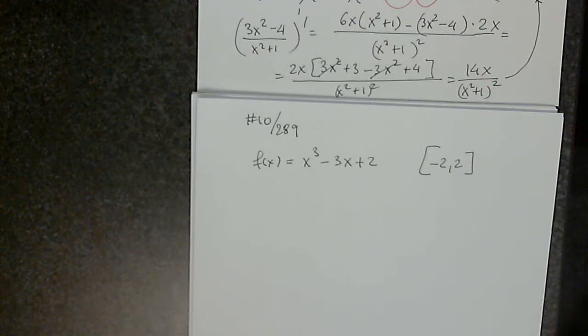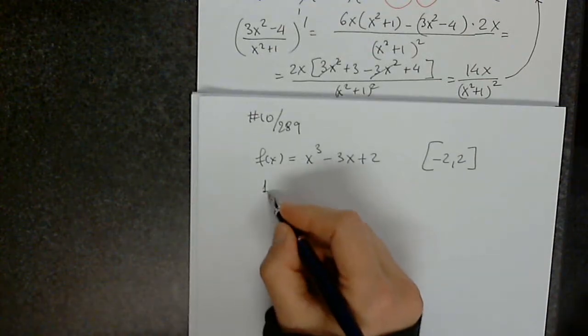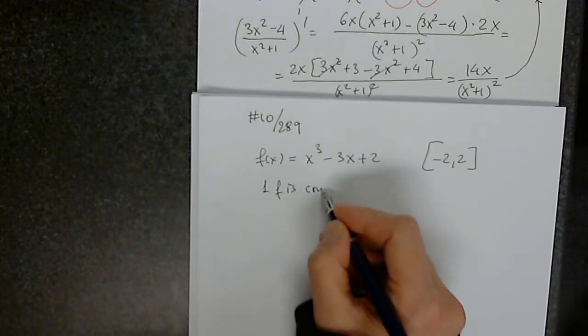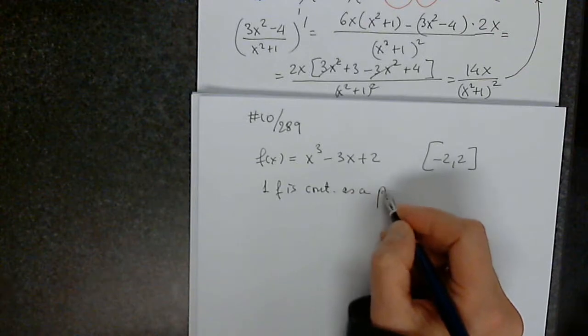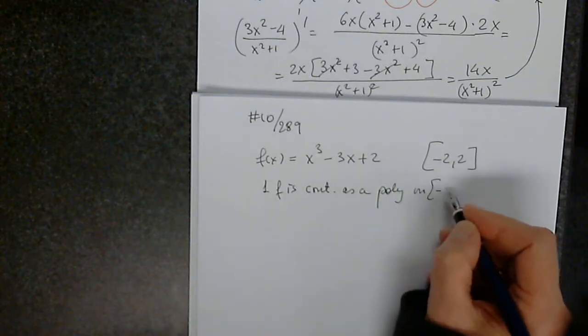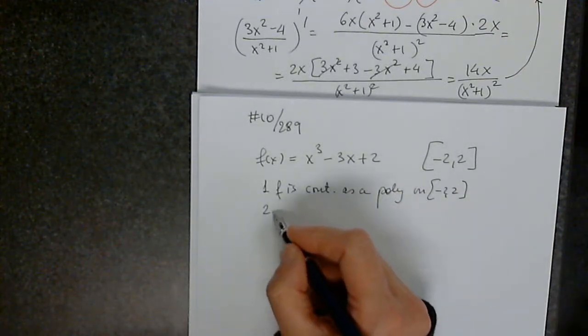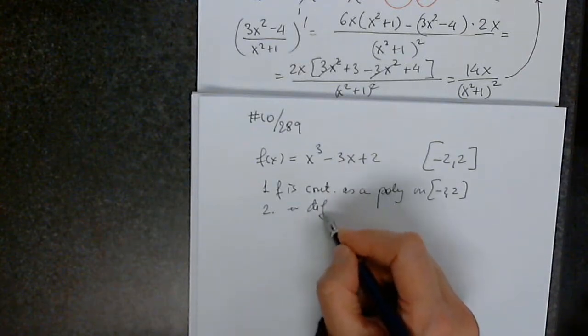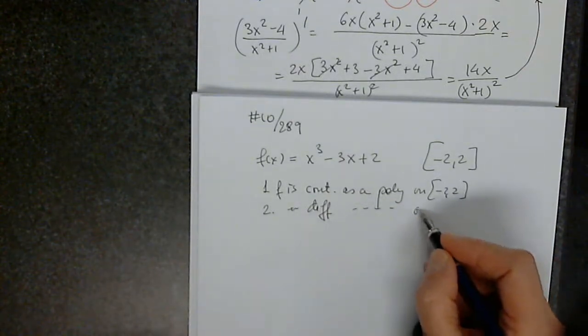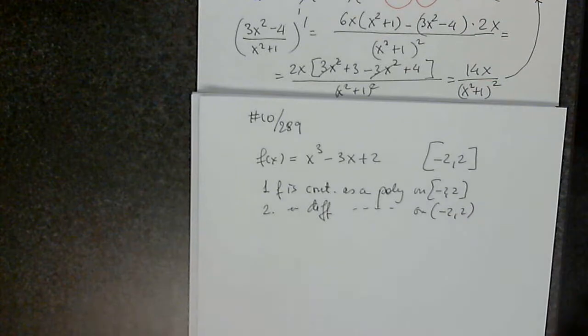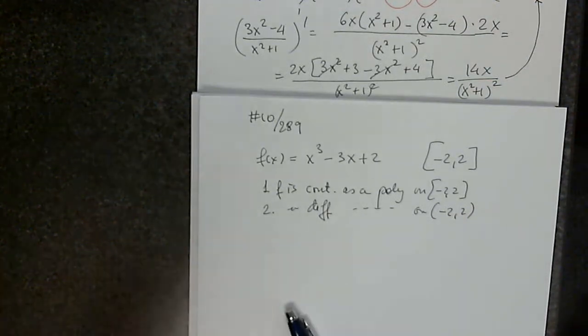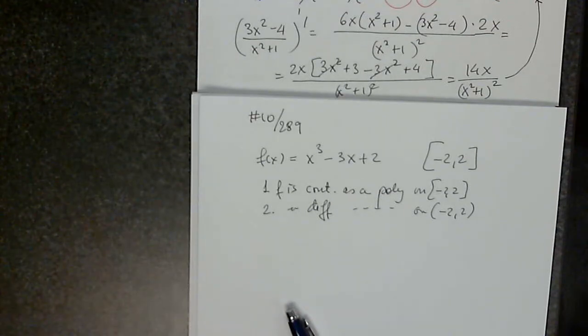It is continuous. Very good. So number 1, f is continuous as a polynomial on [-2, 2], and 2, f is differentiable as a polynomial on (-2, 2). So why is it that continuous has brackets and differentiable has parentheses? Okay. The requirement is at all points.